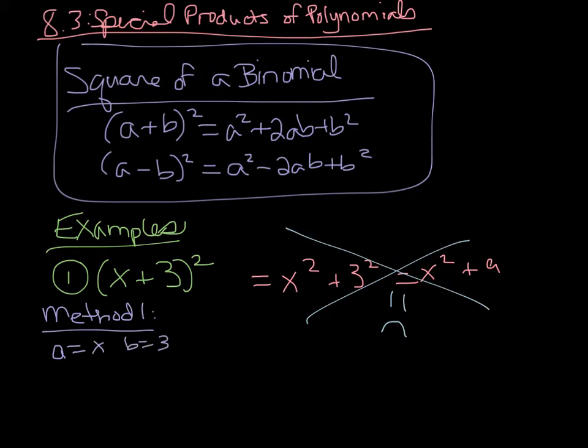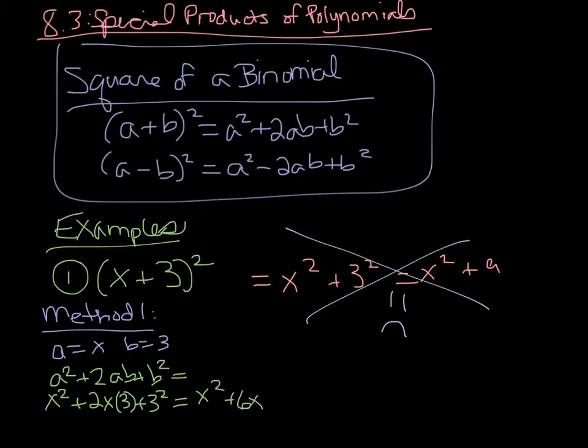Using the formula, a squared plus 2ab plus b squared, you substitute in: x squared, plus 2 times x times 3, plus 3 squared. Your final answer will be x squared plus 6x plus 9. So that way it will work. If you are really good at memorizing formulas, I would say do it that way.